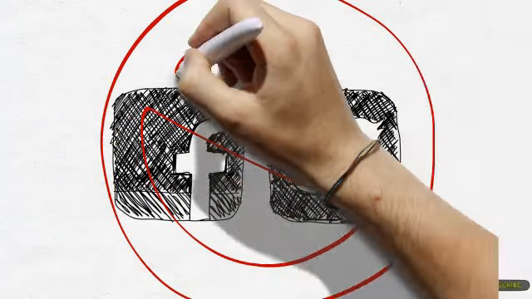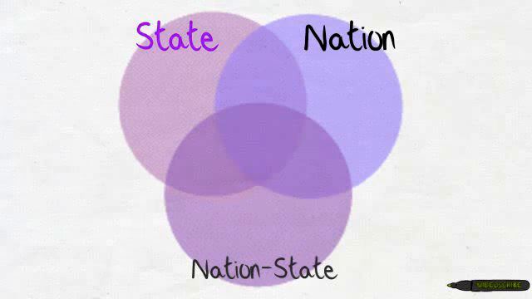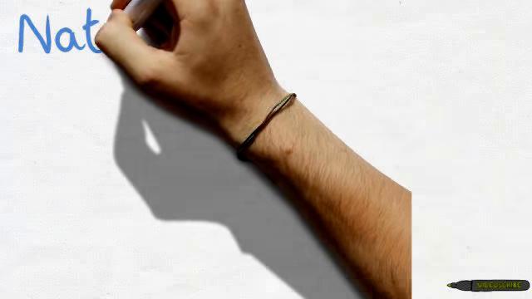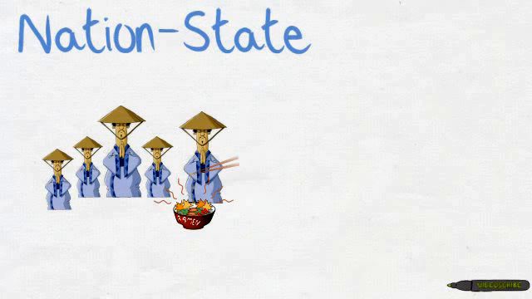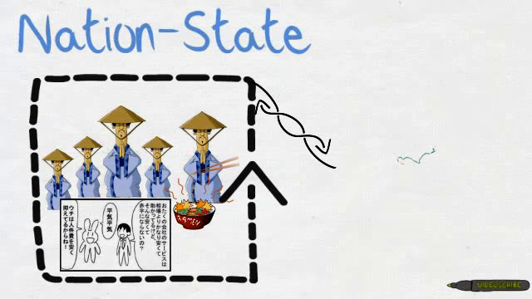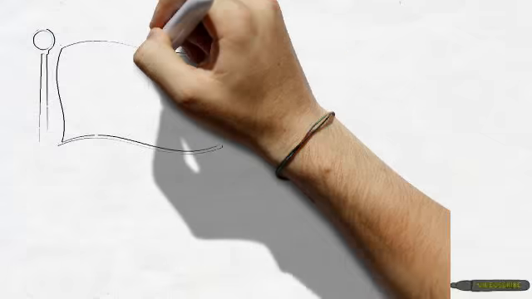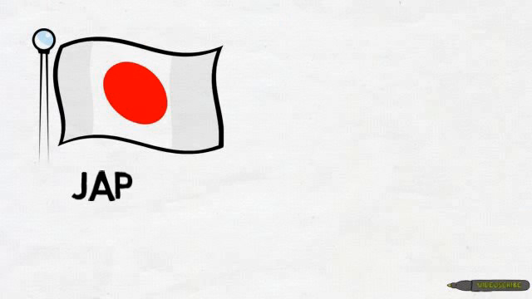American media often misuses the terms of political geography. For example, there is a distinguishable difference between a state and a nation, as well as a nation-state. A nation-state occurs when the cultural borders of a nation correspond with the state borders of a country. Two good examples of nation-states are Japan and Denmark.